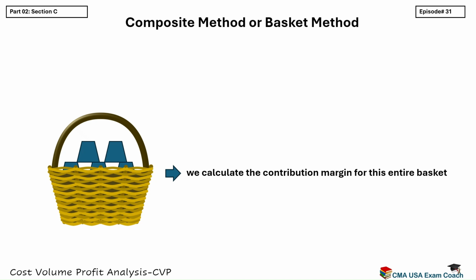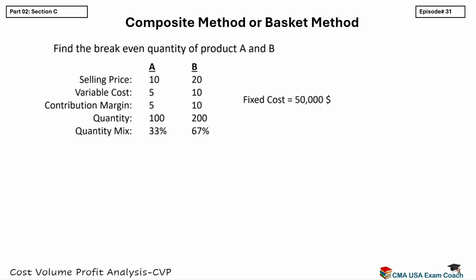Let's now solve a practical example using the composite or basket method. We are given the data for 2 products, product A and product B. Let's go through the details. For product A, selling price equals $10. Variable cost equals $5. So contribution margin per unit equals 10 minus 5, that is $5.